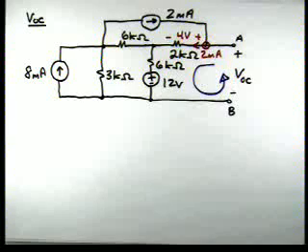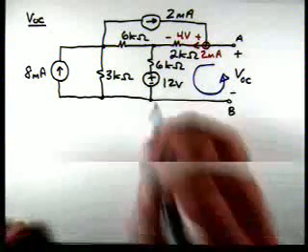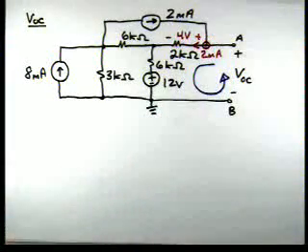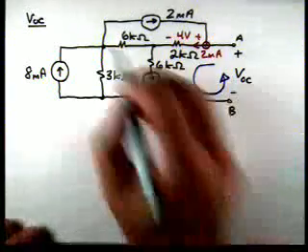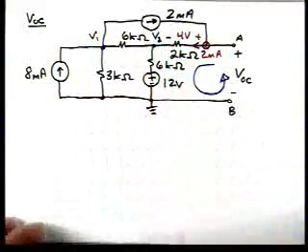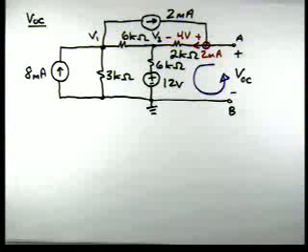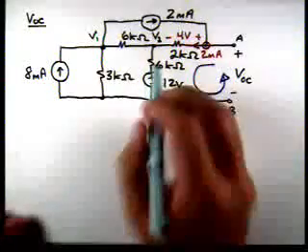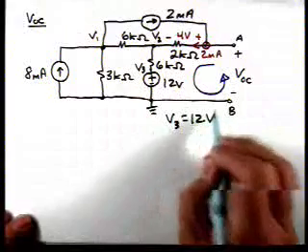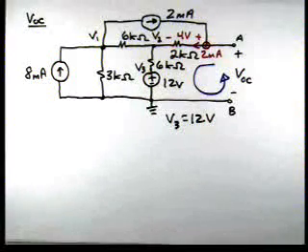If we do nodal analysis, if we were to pick the bottom node as a reference, then we would have 2 node voltages, V1 and V2, and if we found V2, we really have another node voltage here, that's V3, but we know that V3 is equal to 12 volts.